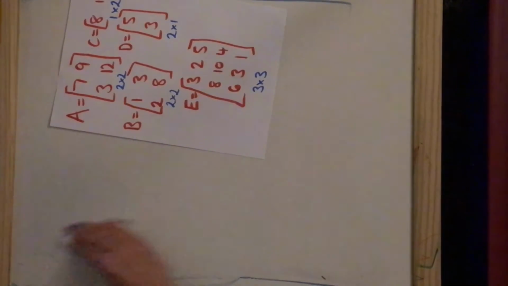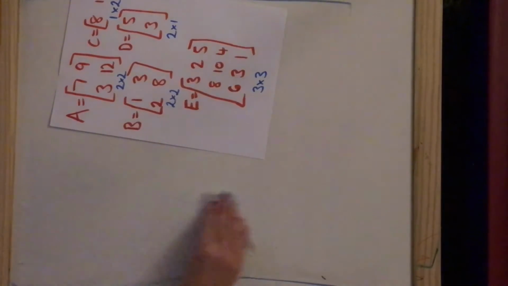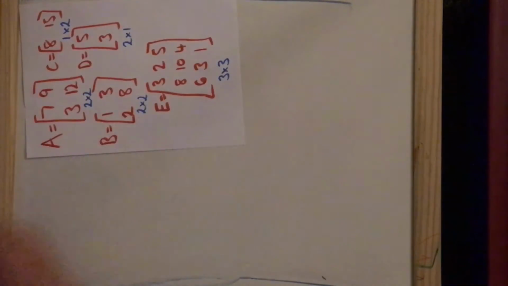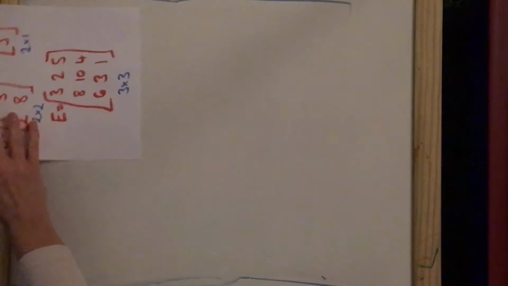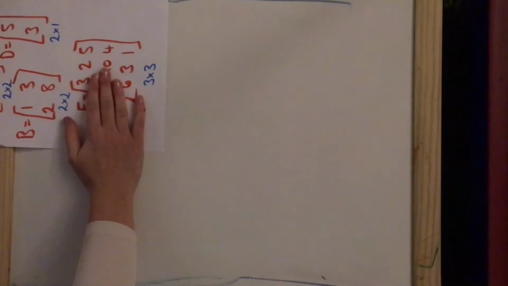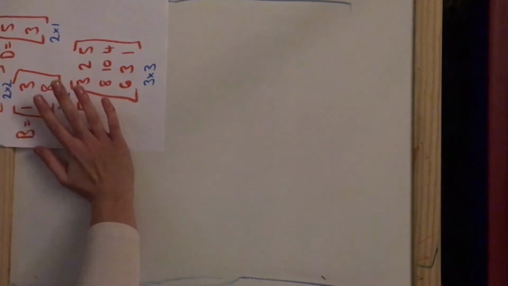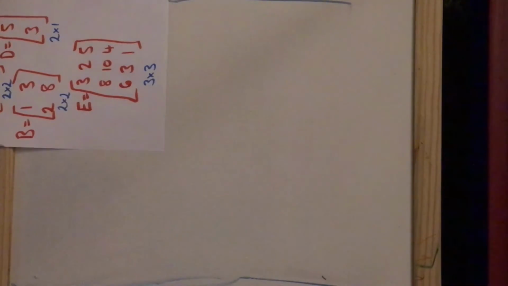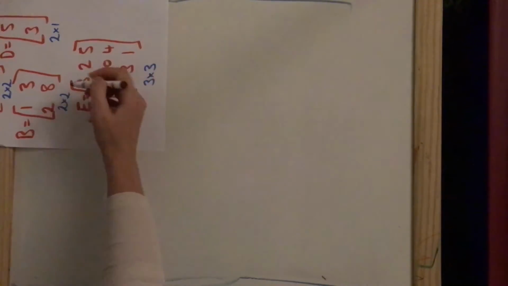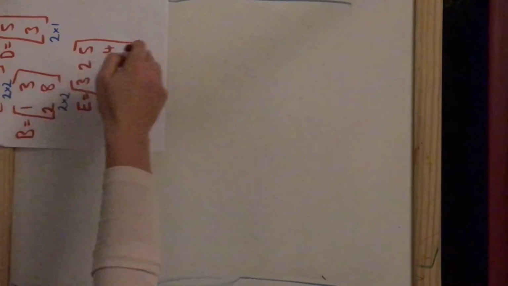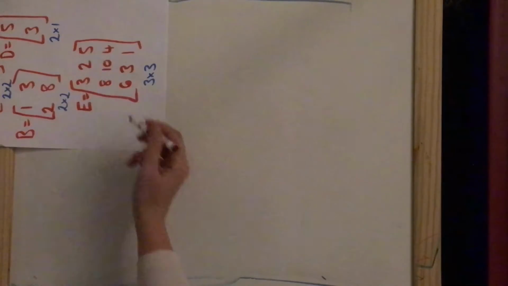3 by 3s get a little bit more complex, so I'm going to find the determinant of E. And the way that we do that is by turning E into 3 2 by 2s and then working it out the same as we do for the 2 by 2. The way that we divide this into 3 2 by 2s is by taking each number from the top row and then we cover up the row and column that that number sits on, and then we take the 4 remaining numbers.